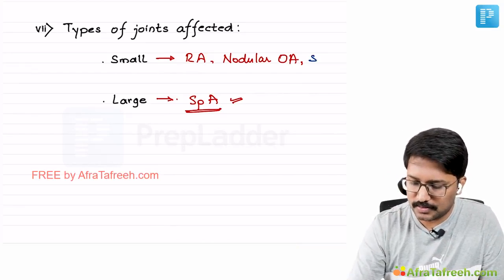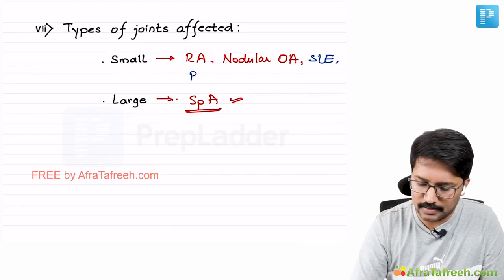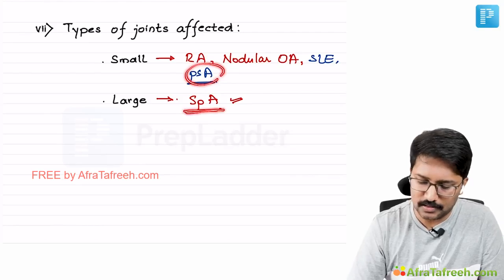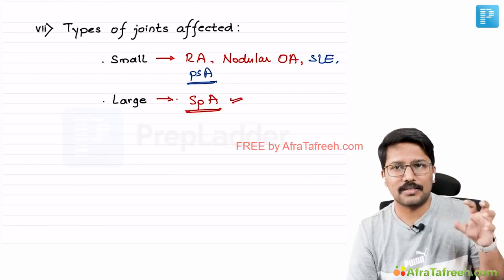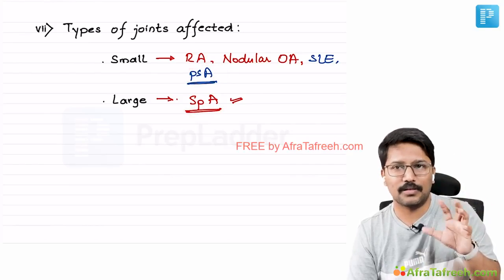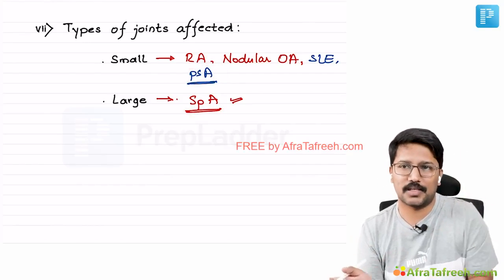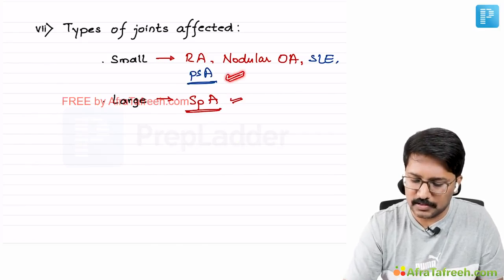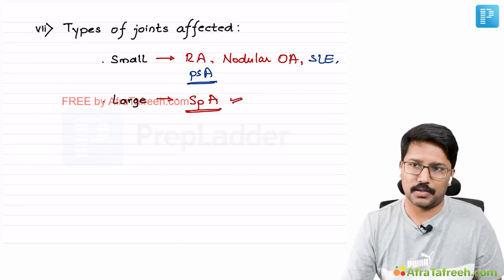Okay, nodular osteoarthritis, SLE related arthritis, and then psoriatic arthritis. Psoriatic arthritis is grouped under spondyloarthritis. So spondyloarthritis itself is an exception, and among that, again, psoriatic arthritis becomes an exception and starts behaving more like the other joint disorders. So here there is predominant small joint involvement, right?